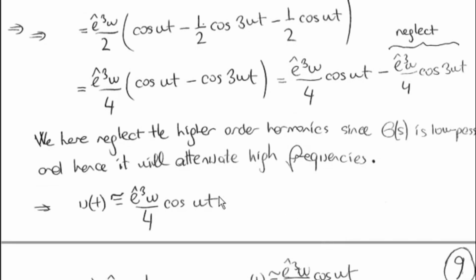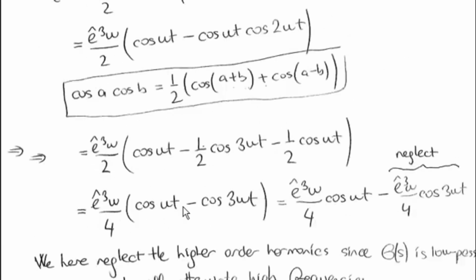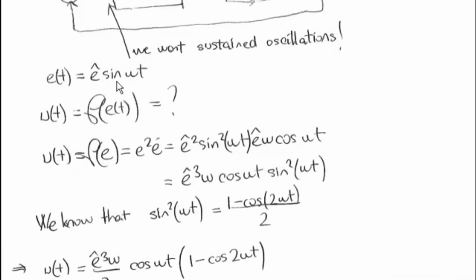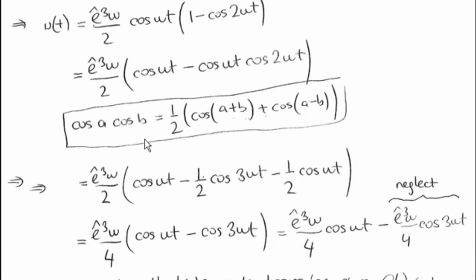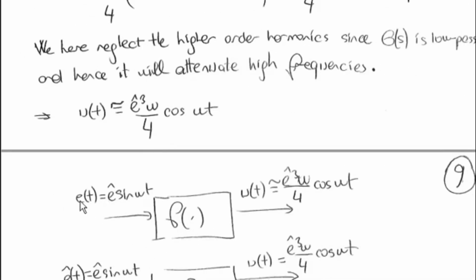So when we neglect these terms, the output of the nonlinearity would turn out to be this single cosinusoid here, and then we are going to be asking the question, which linear system would give me this output when I have its input given as this? So I'm actually asking the following question.